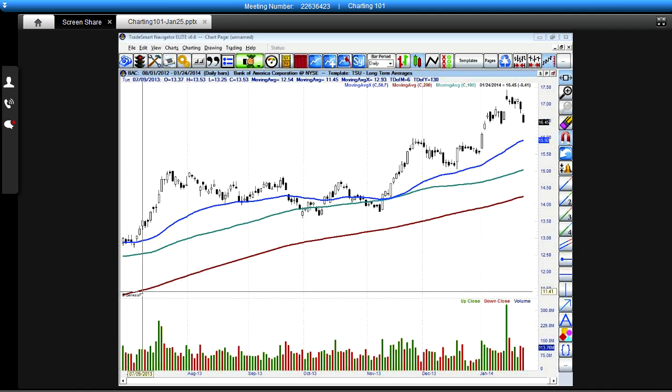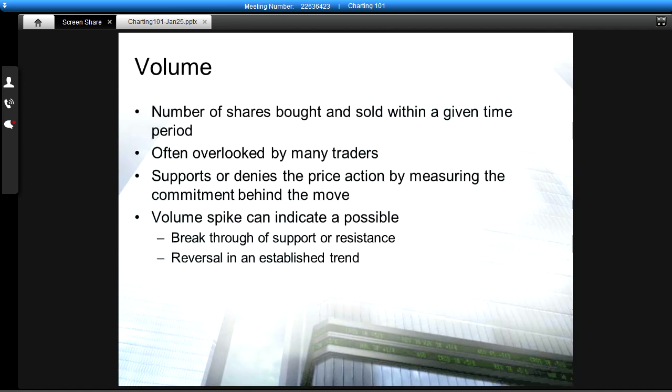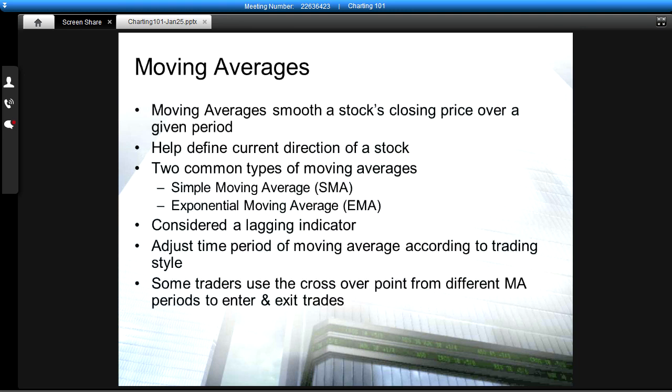The next indicator that I'll be talking about is moving averages. We already talked about how they are used for support and resistance, but I'm just going to talk about how they're determined and how you can use them. So moving averages smooth out a stock's closing price over a given period.